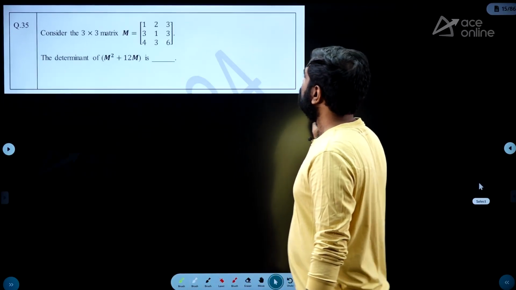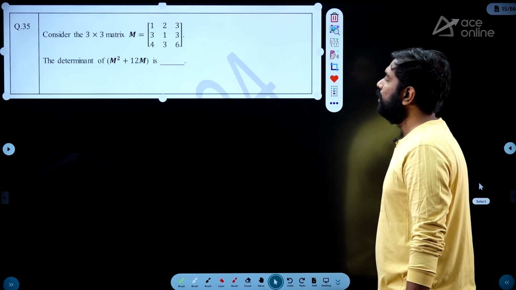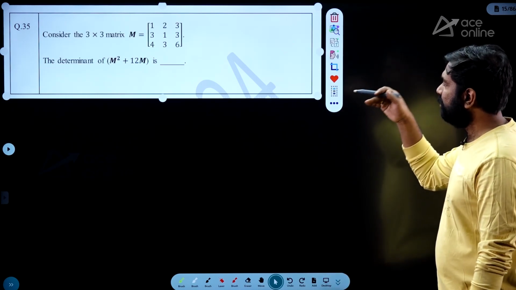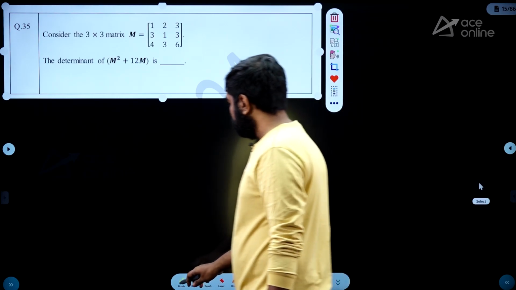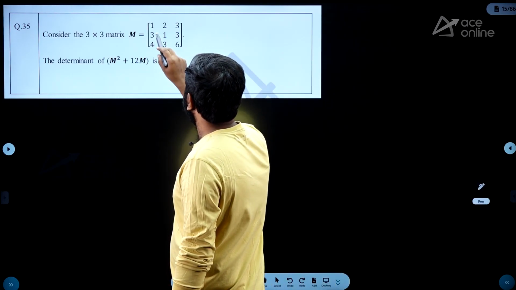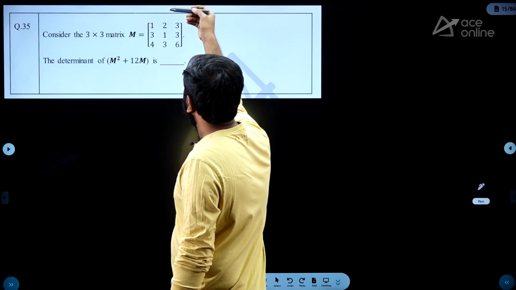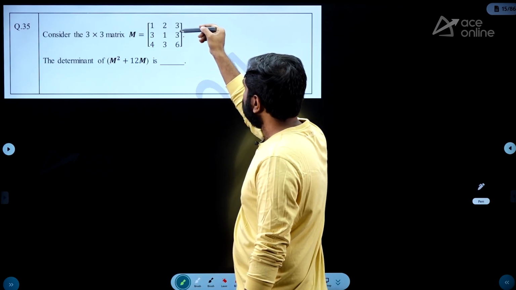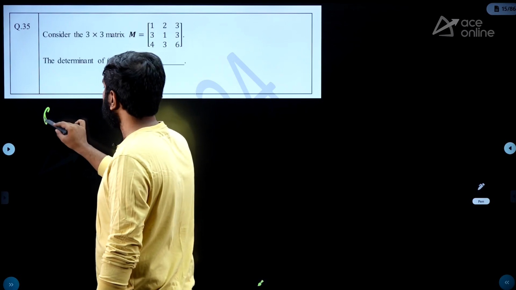So what's the question? Can you observe what's the relation between the rows? I can see that this is 4, 3, 6. Will this work? 1 plus 3 is 4, 2 plus 1 is 3, 3 plus 3 is 6. So what's happening?